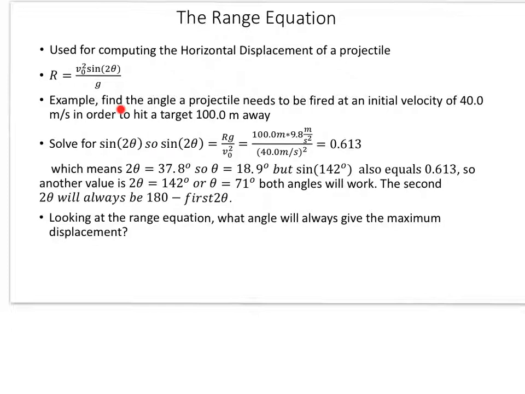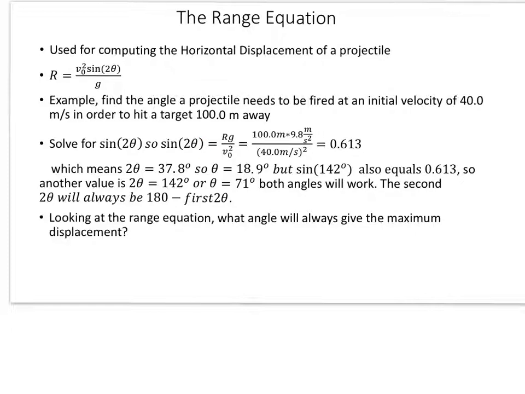Okay, so here's an example. We want to find the angle that a projectile needs to be fired at if it's got an initial velocity of 40 meters per second and you want to hit a target 100 meters away. Okay, so we're going to use this and solve ultimately for the angle.